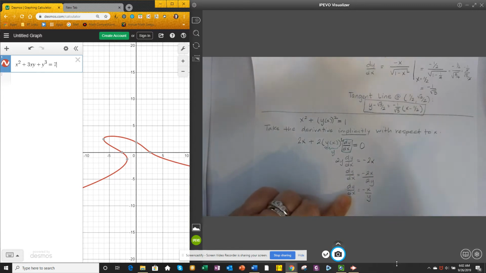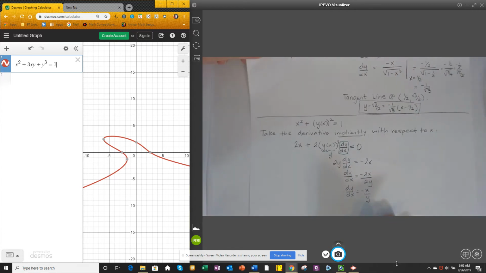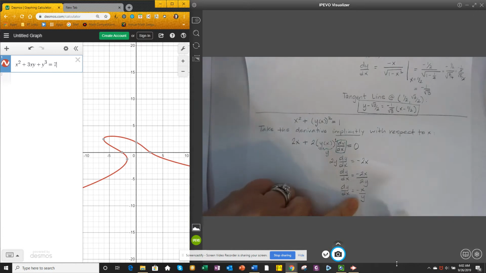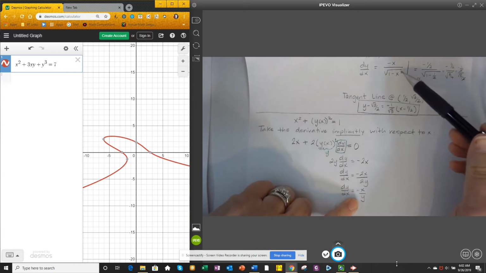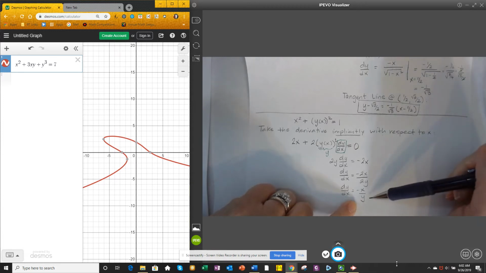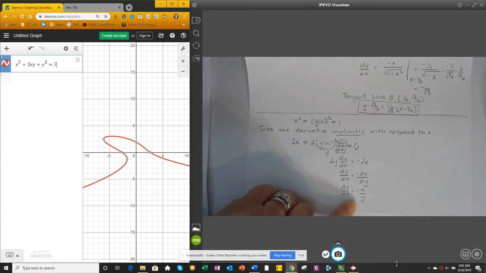y. Now that looks a little strange, doesn't it? Because we're used to all our derivatives having only x's in them, like here above. But I can have a y in my implicitly defined derivative here.